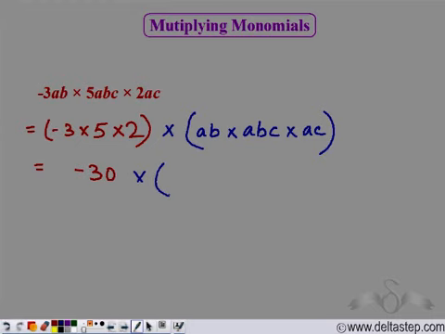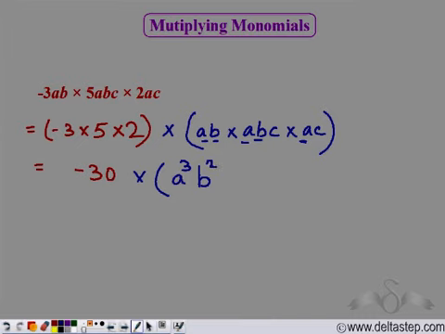Now let us consider the variables one by one. a. We have an a here, an a here, and an a here. So a into a into a. a is being multiplied 3 times. So it is a cubed. Again, let us consider b. So we have a b here and a b here. It is b into b. b is being multiplied 2 times.